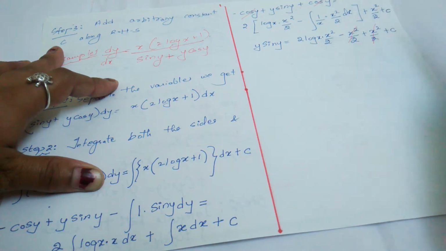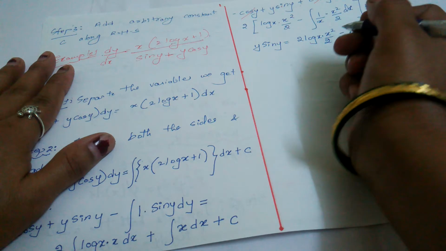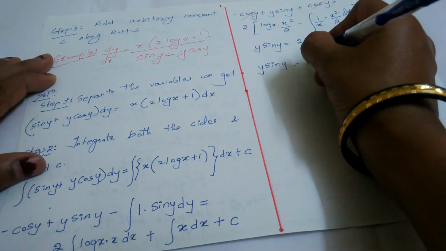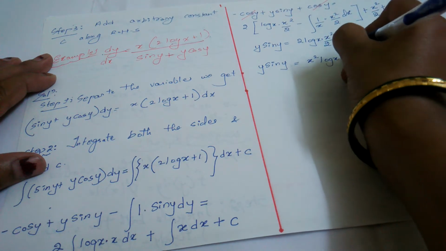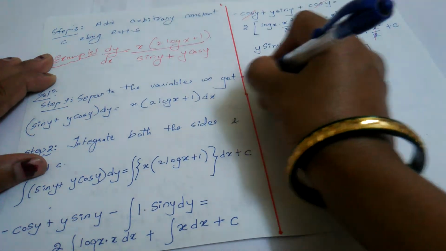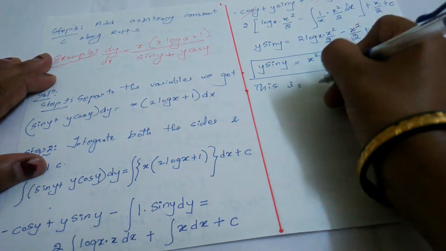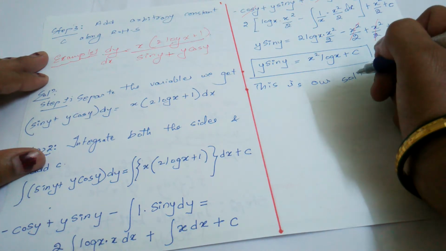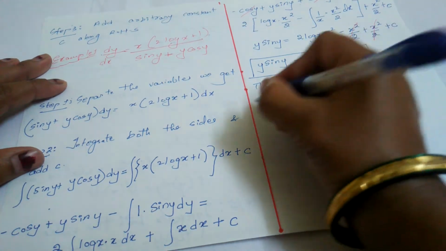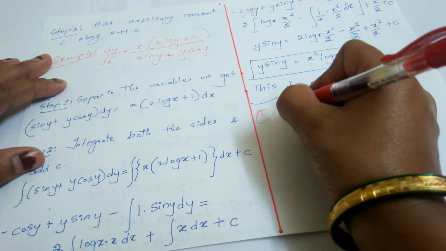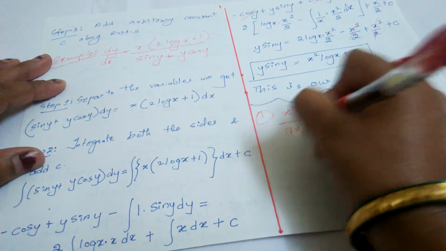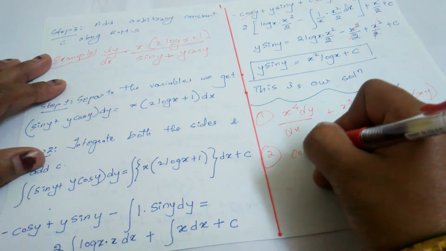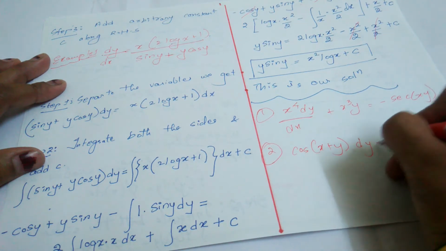Again these terms go away, so we get y sin y is equal to x square log x plus c. Thus this is our solution using the method of separation of variables. I'll give you two more example questions: x to the power 4 dy by dx plus x cube y is equal to minus secant of xy, and one more, cos (x plus y) dy is equal to dx.